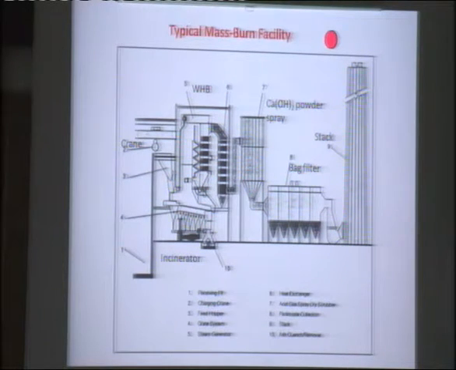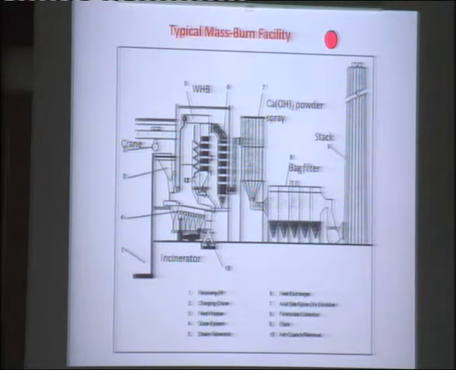Here is a typical mass burning facility. You can see that you have waste, and as will come later, this waste must be dried to the required moisture content, otherwise it is very difficult to burn. You will have a crane to put it into the incinerator.